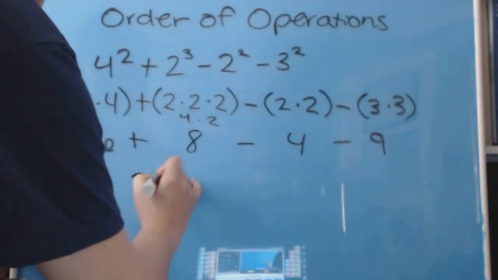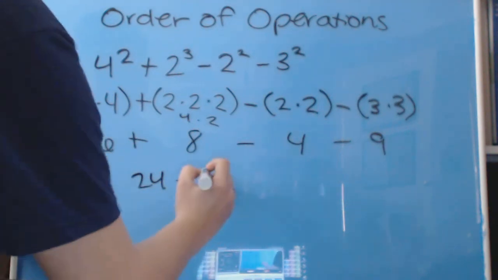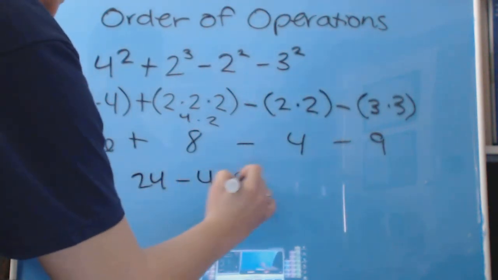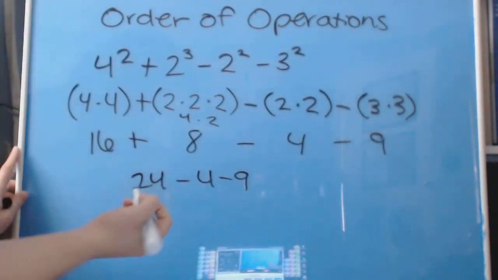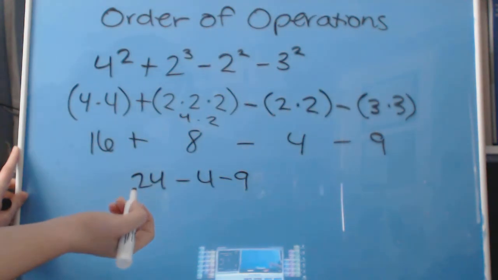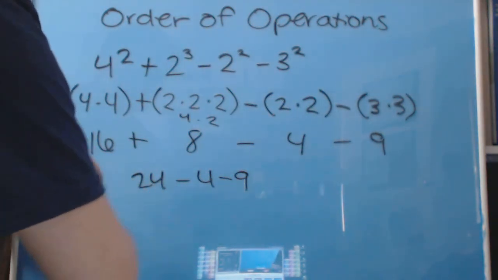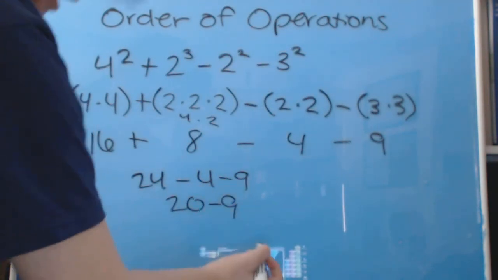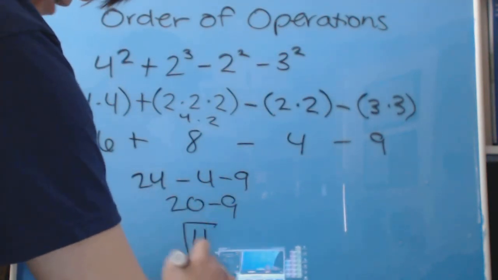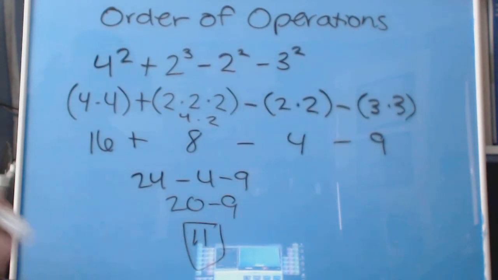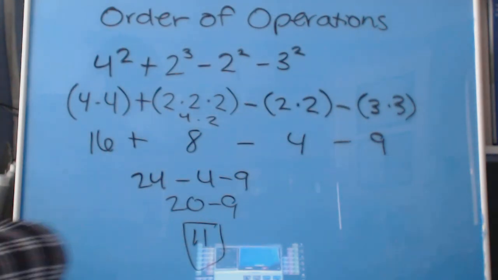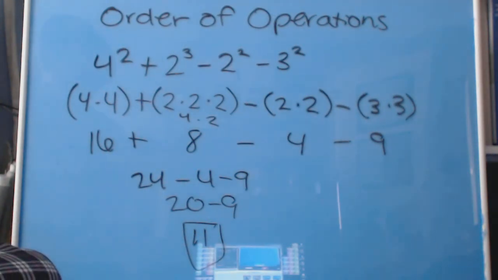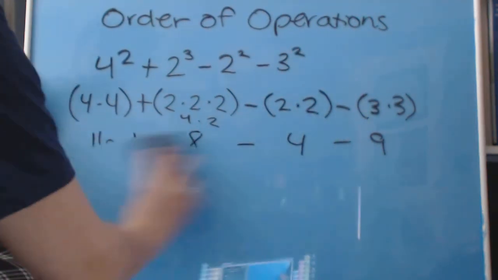So we get 24 minus 4 minus 9. I'm just doing this for thoroughness and simplicity, so doing everything all by itself. Obviously, that's 20 minus 9. The answer we have is 11. Really super simple stuff, everybody.